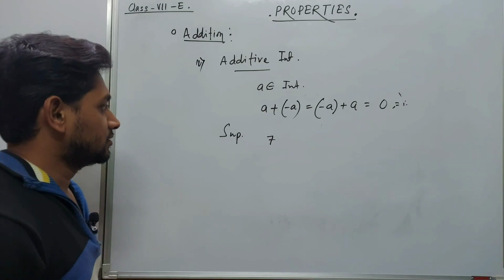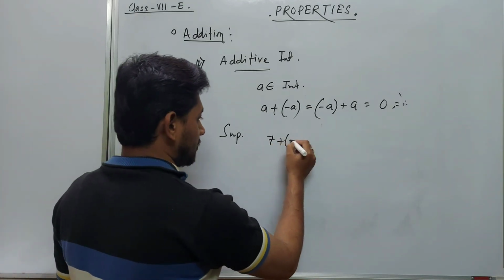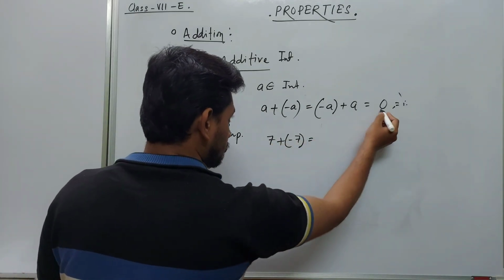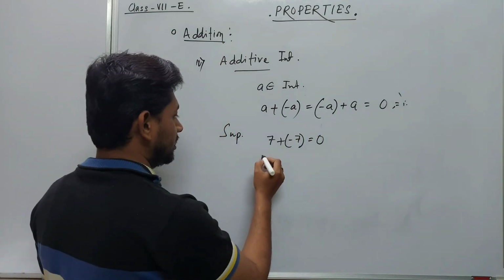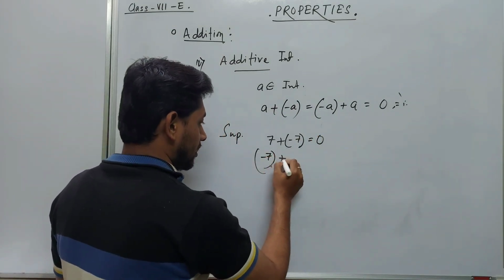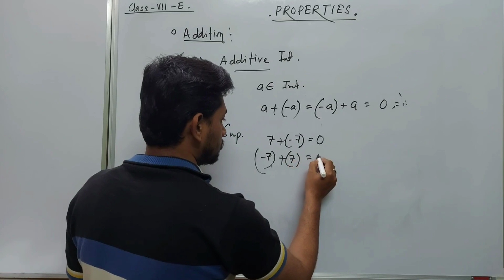Then 7 plus minus 7 equals 0, and similarly minus 7 plus 7 equals 0.